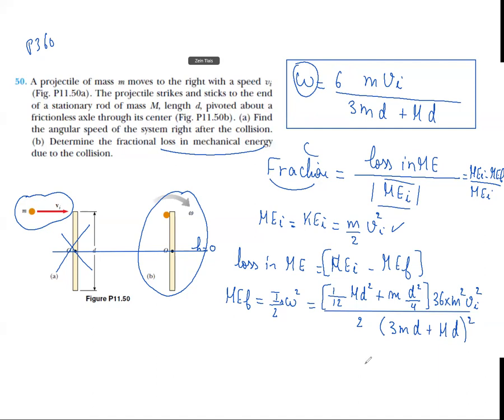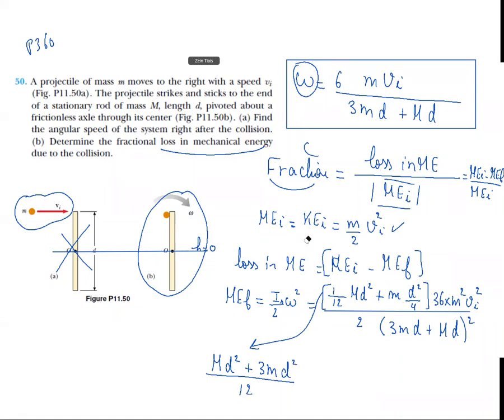Okay, we can simplify this relation. This one is equal to 12 M D square plus 3 M D square, divided by 12.